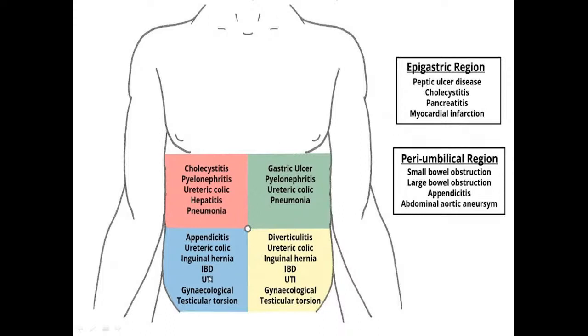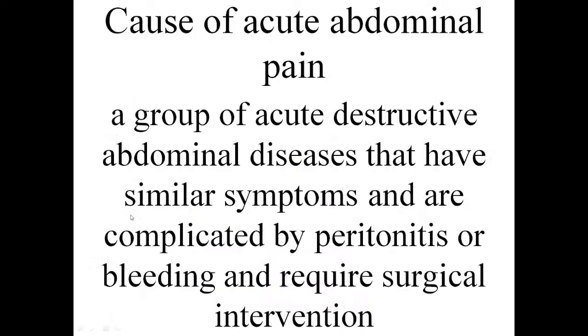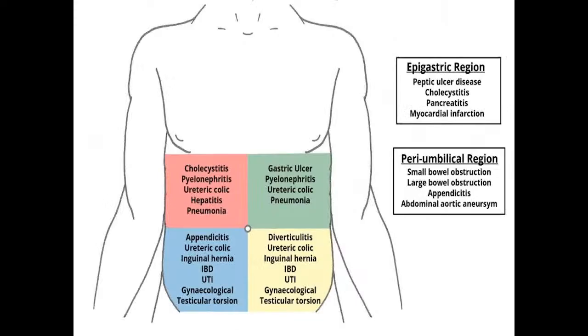In the lower part of the abdomen, on the right side, you can see the symptoms of appendicitis, ureteric colic, inguinal hernia, UTI, gynecological conditions and testicular torsion.